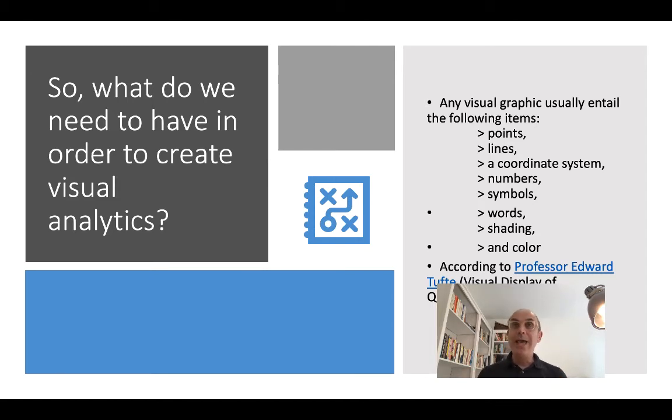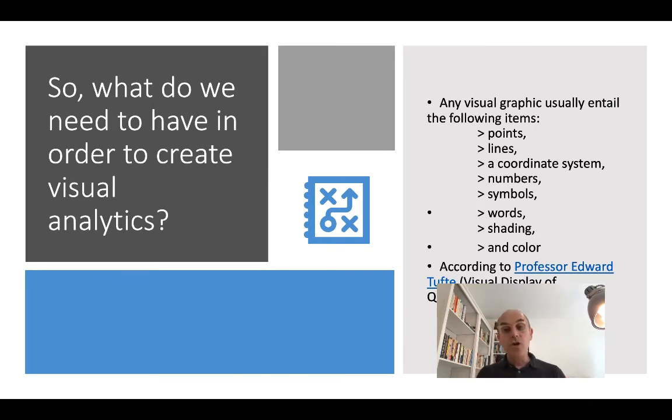So when we have data, usually we also have some visual items that we are able to create: the points, the lines, the coordinate system, the numbers, the symbols, the words, the use of shadow as another implementation of the design itself, and colors.